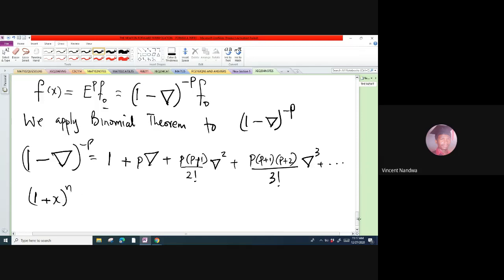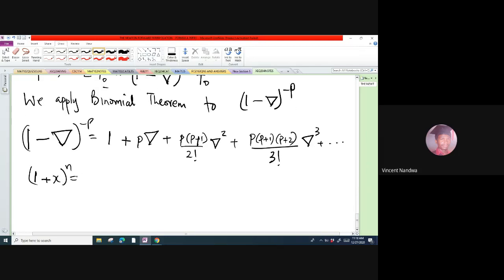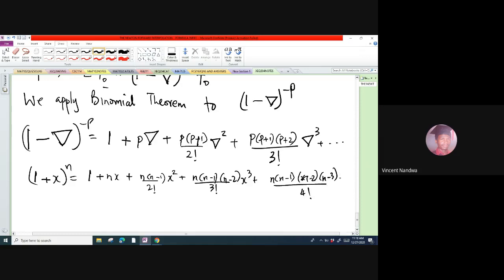Remember, by definition, this is given by 1 plus nx plus n into n minus 1 over 2 factorial x squared plus n into n minus 1 into n minus 2 over 3 factorial x power 3 plus n into n minus 1 into n minus 2 into n minus 3 over 4 factorial x power 4 plus other terms.